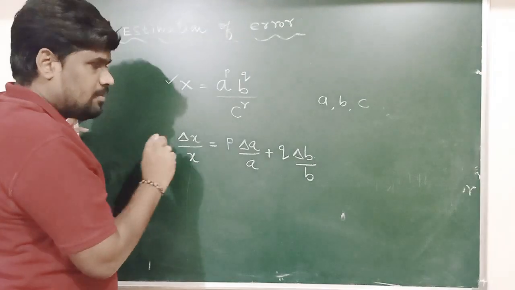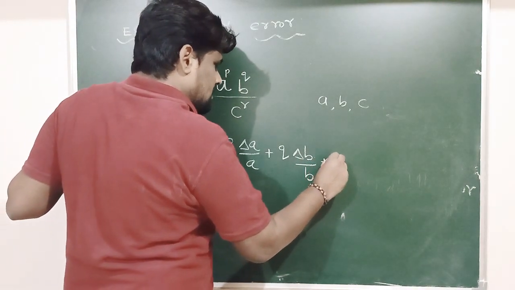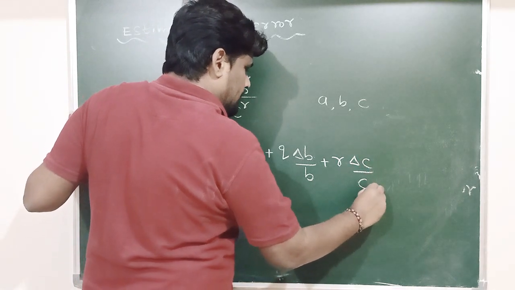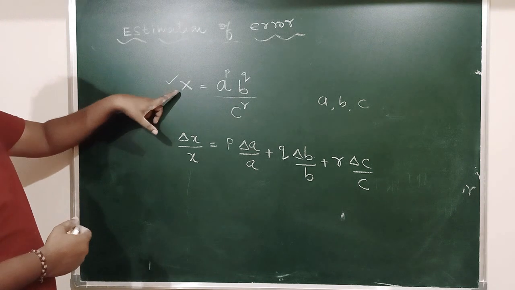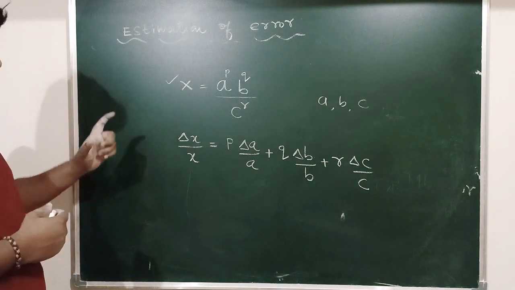Then what is the next parameter here? C to the power r. C to the power r can be written as r into delta c by c. So this is how you calculate the error in the measurement of the physical quantity x. Concentrate here.